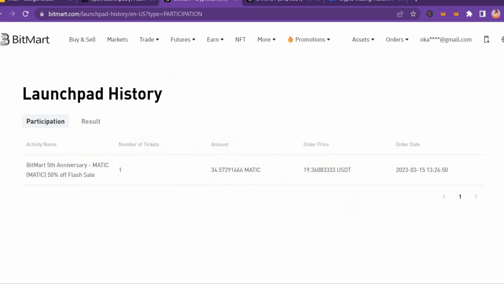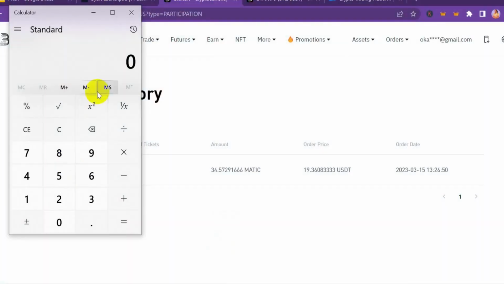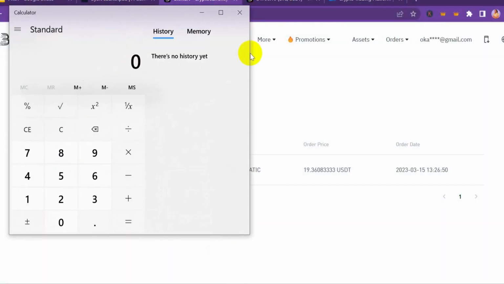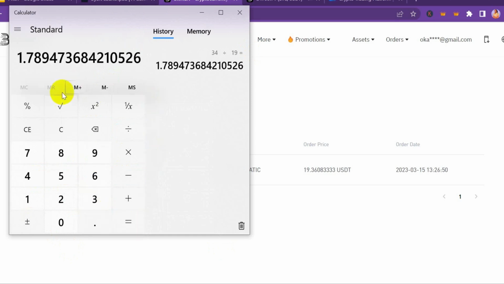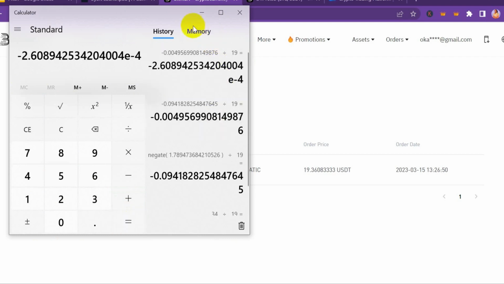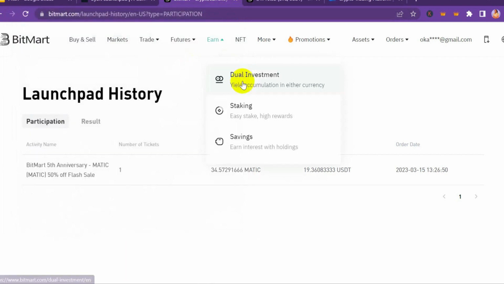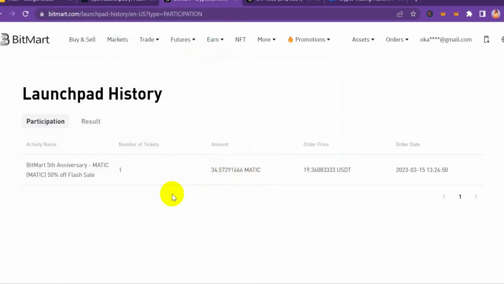So with this, it means that if you are buying 34 Matic with 19 USDT, we just have to do 34 divided by 19. Anyways, let me leave the calculator. I don't understand this system calculator.